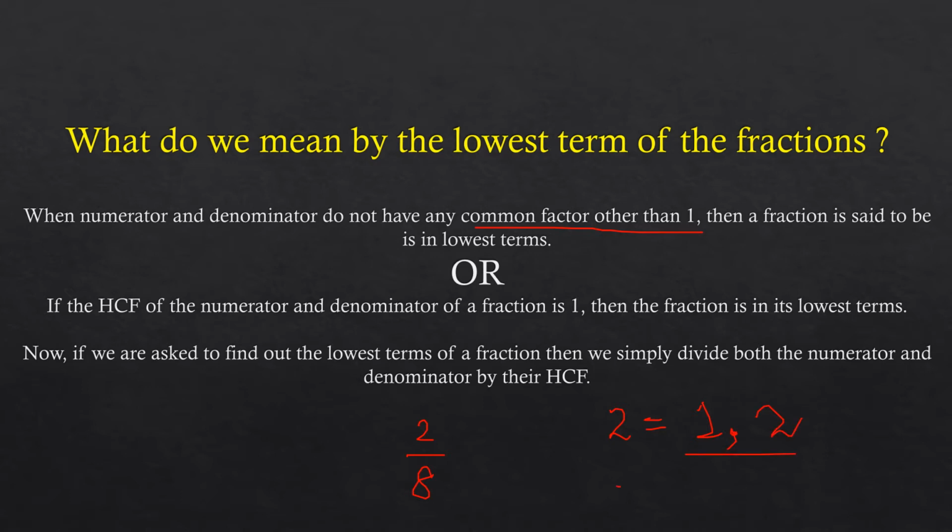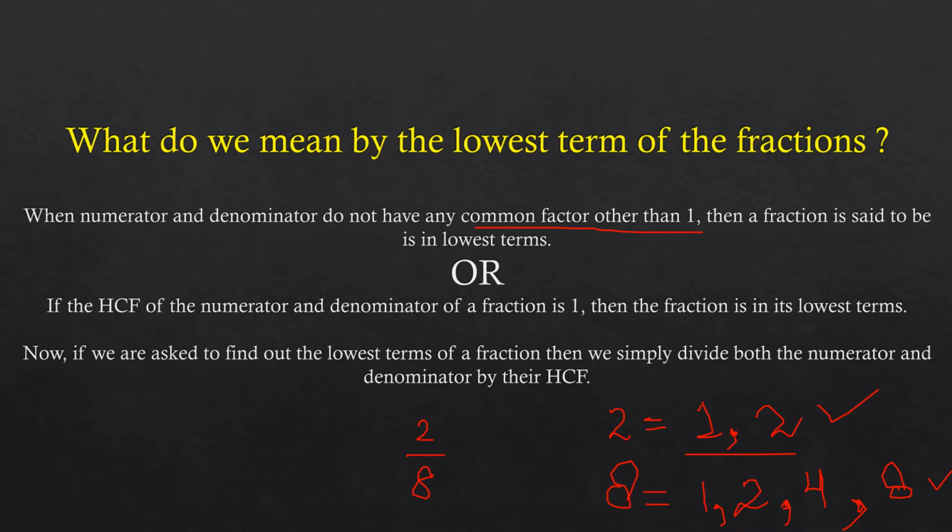Now if we write factors of 8, we will write 1, 2 is again a factor, then 3 is not a factor, 3 cannot divide 8. Then we have 4, 4 can divide 8, and then we have 8 itself. So these are the factors of 2 and these are the factors of 8.